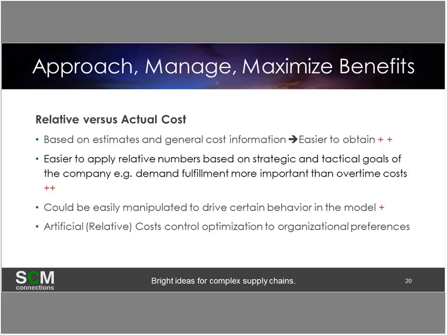Going with relative costs, what it lets you do is come up with those estimates, and this is where you need to make sure that you have the right people involved, right? You not only need people in the planning organization that have information on these relative costs, as a part of this early phase of the design and implementation.